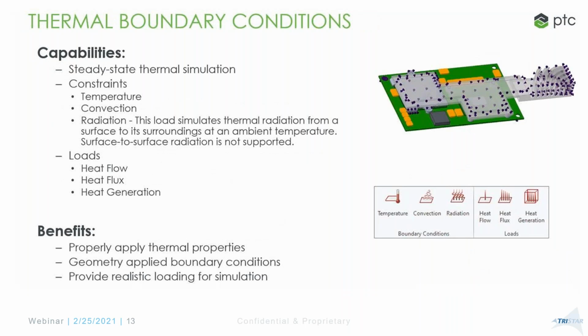Okay? And then as for thermal, some of you may be interested in checking the thermal performance of your PCB assembly, wherein you're obviously able to simulate conduction, convection, and radiation heat transfer, right? Inside of Creo ANSYS Simulate, you are able to assign the convection heat transfer coefficient.